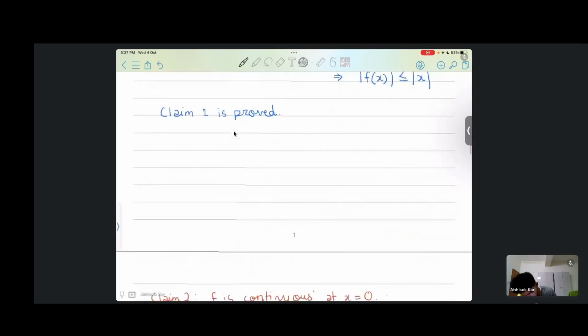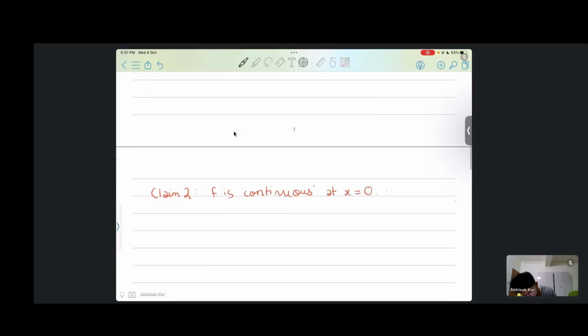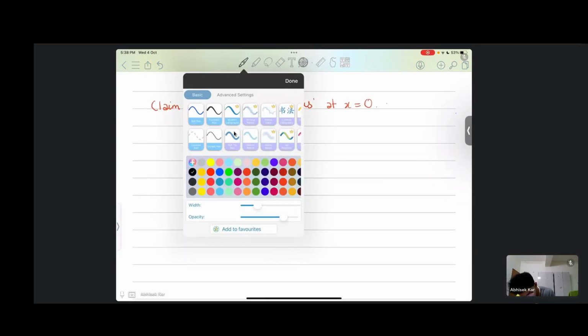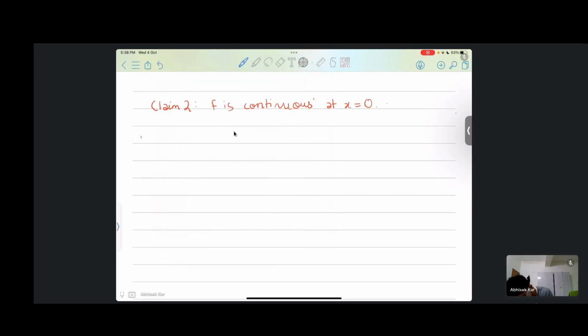So let's first recall the definition of continuity at a point a. I'm going to write it quickly.